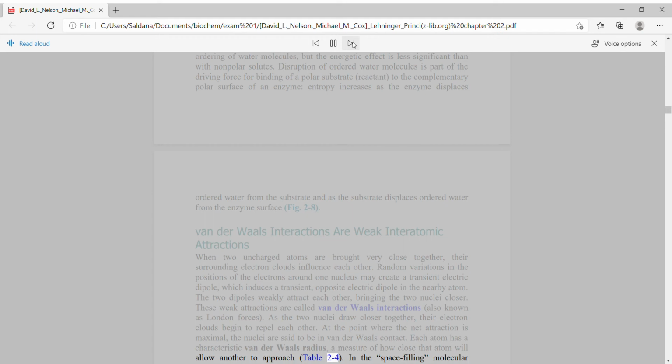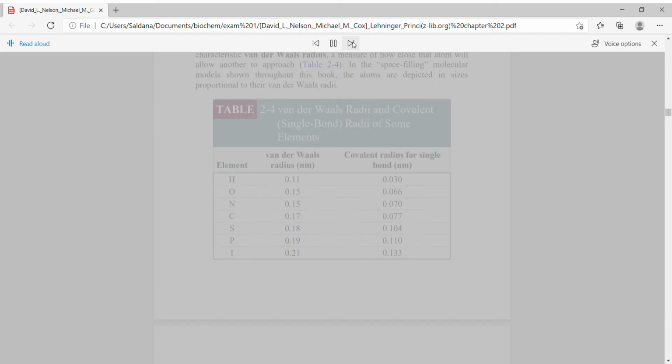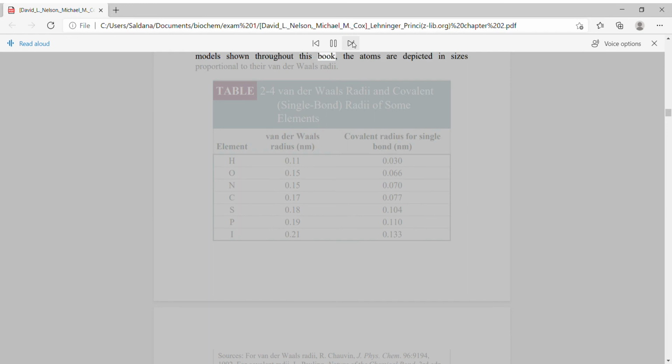Table 2-4. In the space-filling molecular models shown throughout this book, the atoms are depicted in sizes proportional to their van der Waals radii. Table 2. Single bond elements. Element H.